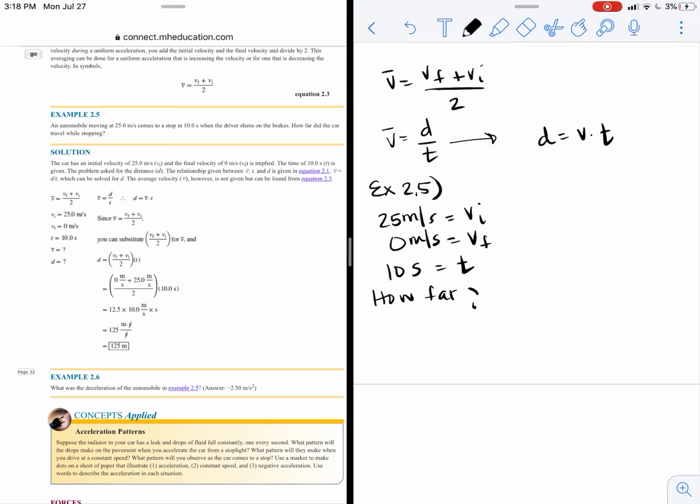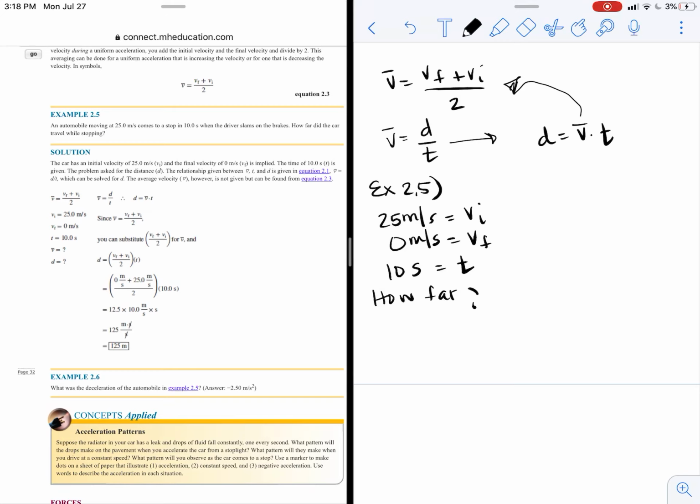But do I have the average velocity here? No, I have 25 meters per second and I have 0 meters per second. So I'm going to have to use that equation right there and figure out the average velocity first.